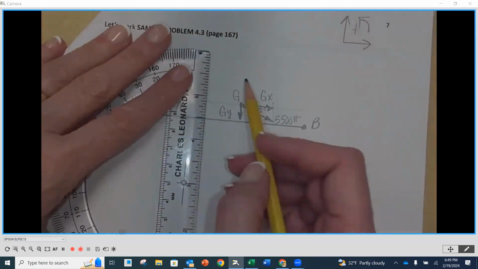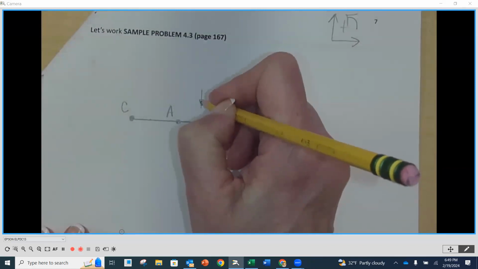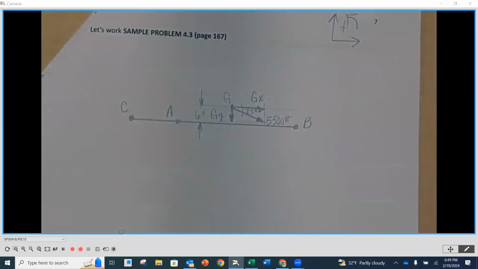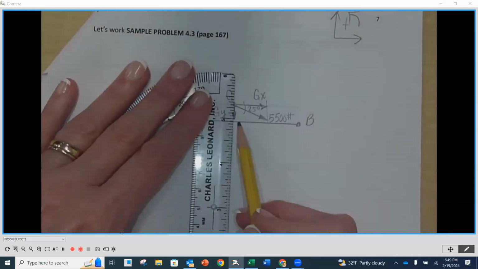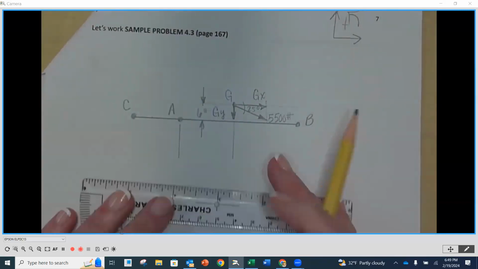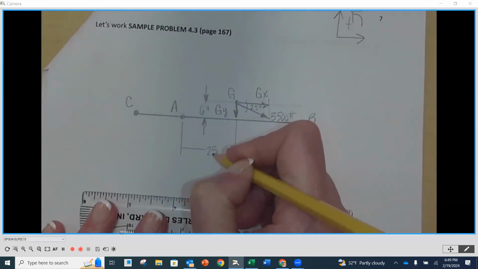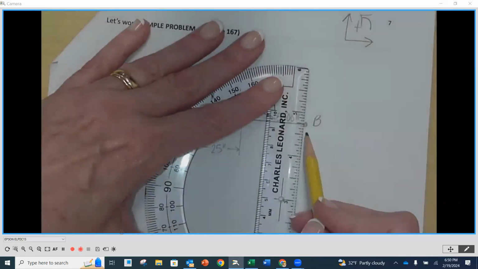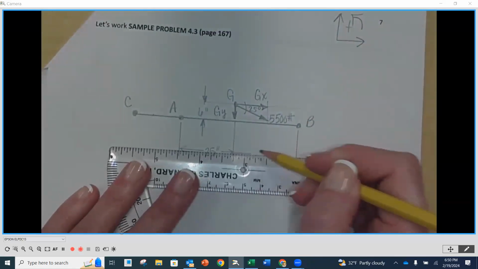We know that the dimension between here and the line between A and B is going to be 6 inches. The distance between A and G is going to be 25 inches, and the distance between G and B is also 25 inches.